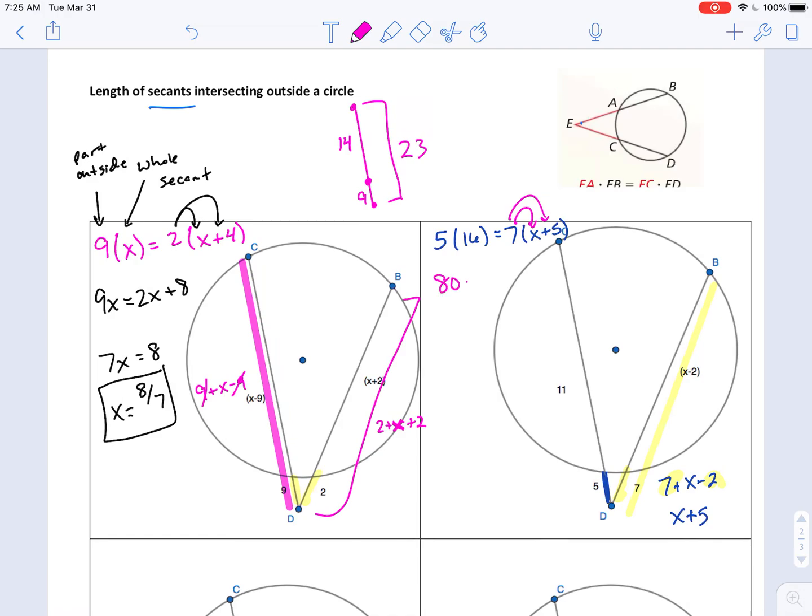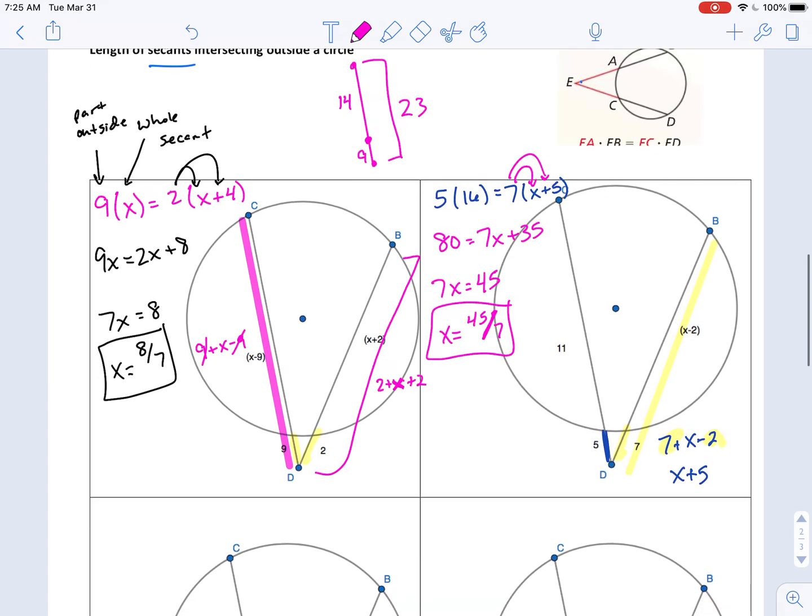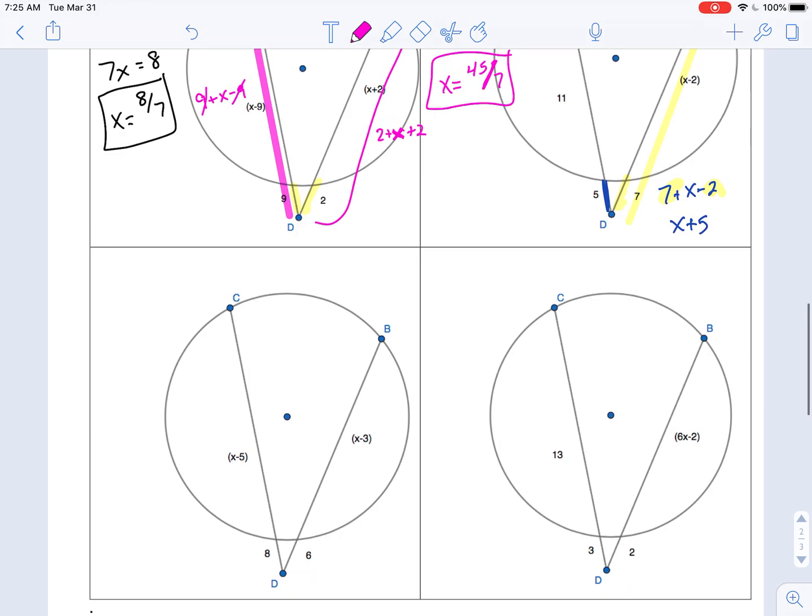So don't forget, we really need to be careful to distribute to both parts. So I get 80 equals 7x plus 35. So 7x equals 45. x equals 6 3/7. Or if you want to just write that as 45 over 7, it's typically how I would write it.